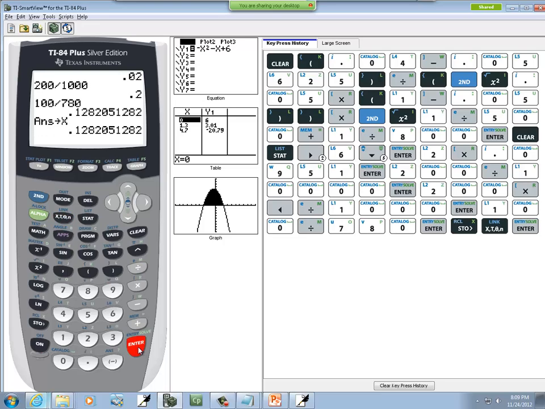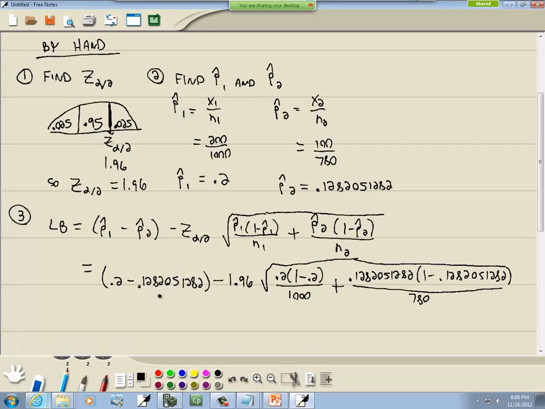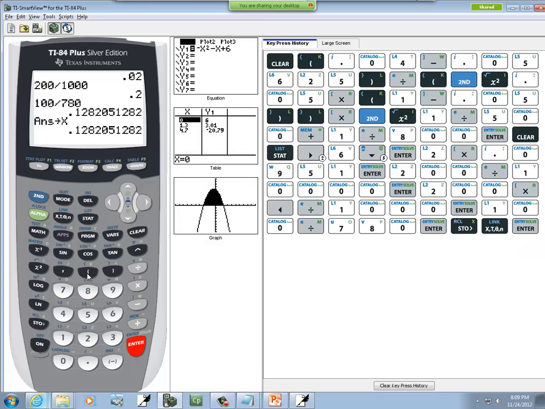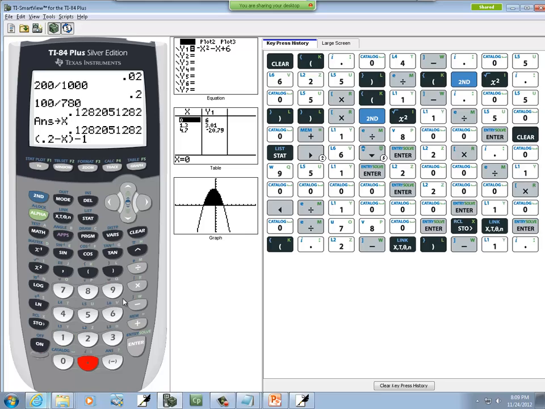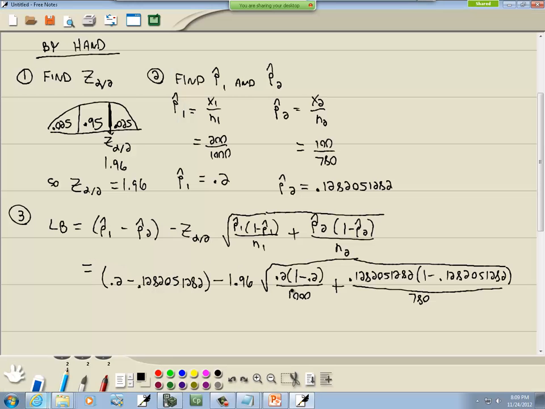So now anytime I want to type in that number, all I have to do is type X. Okay, so let's type this in. I've got beginning parentheses, 0.2 minus, and that's that long number, so I'll put X, close parentheses, minus 1.96, and then a square root, so we do second, X squared, and then this.